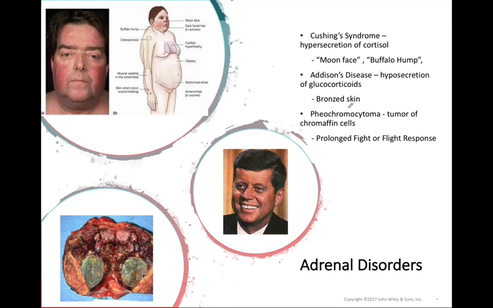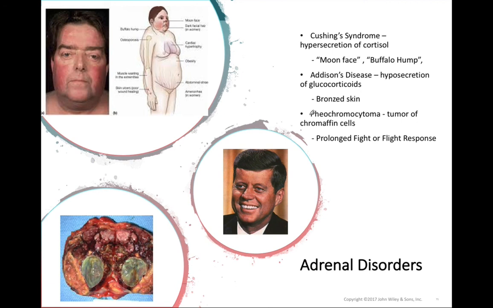This, of course, will cause hypoglycemia because we don't have enough cortisol to be breaking down and producing enough glucose. And one of the major characteristics of Addison's disease is bronzed skin. Sort of will appear as if you've had some type of nice suntan, which is what our president JFK seemed to look like. So JFK was suffering from Addison's disease.